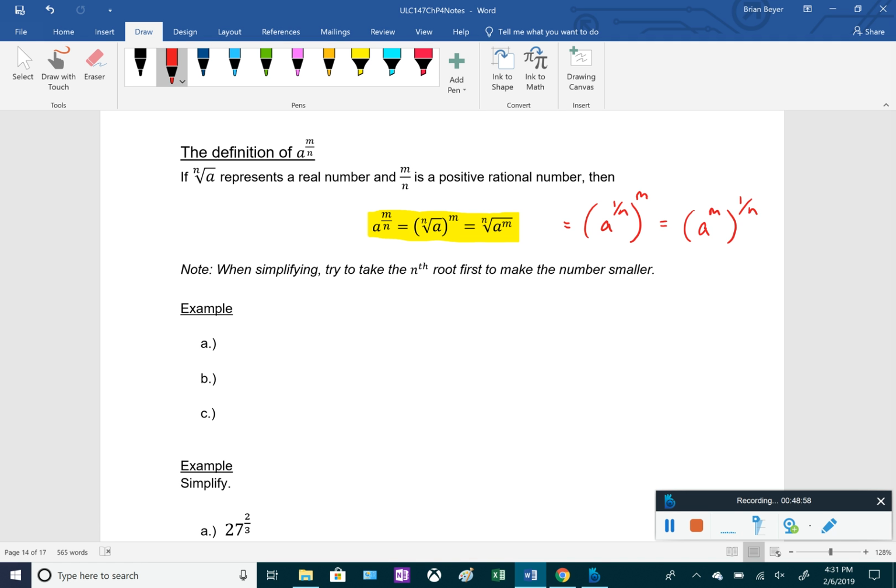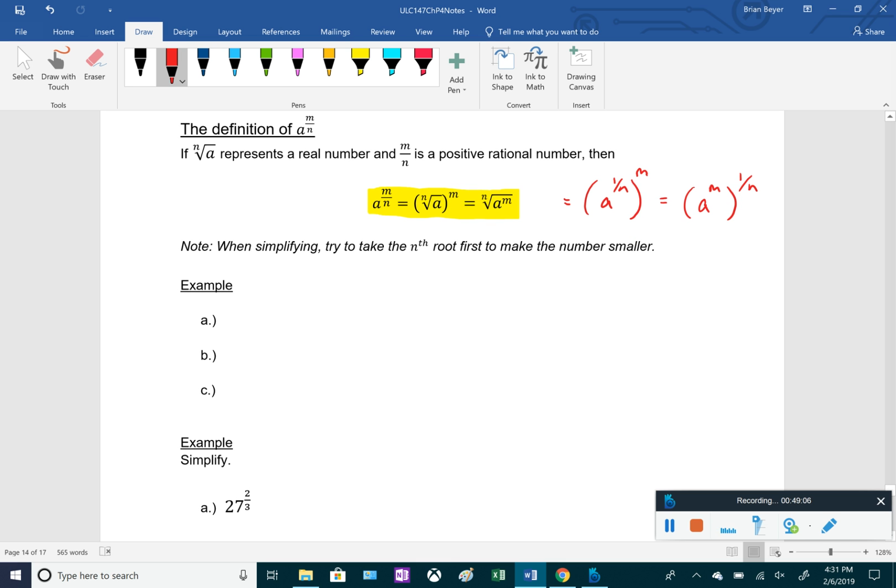If we multiplied both of those, we would end up getting a to the m over n. When we're trying to simplify these and they have a fraction with a number in the numerator and denominator that's not equal to 1, try to do the nth root first, because that'll make the number smaller. It won't always work, but if it does, it'll make it pretty simple.